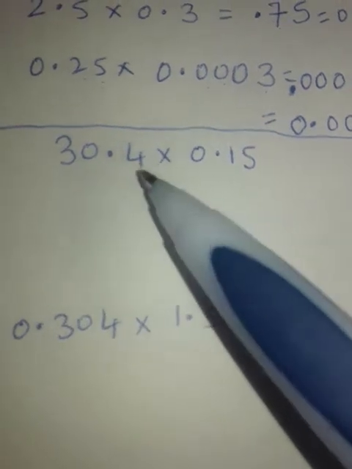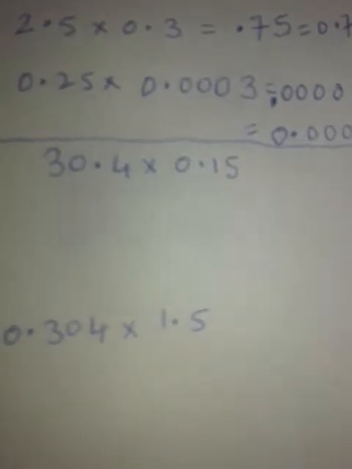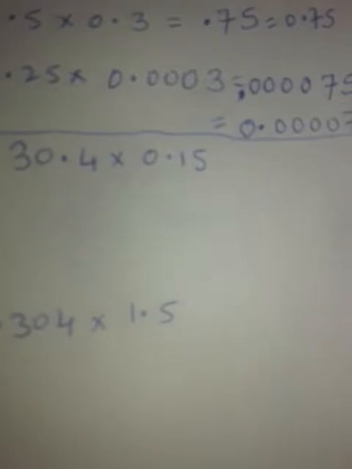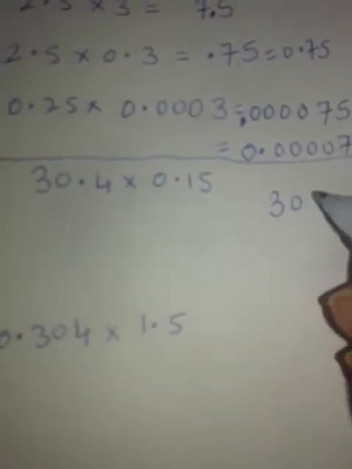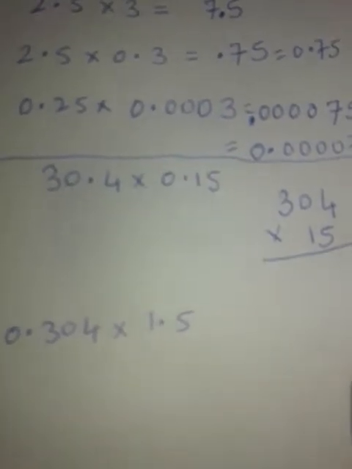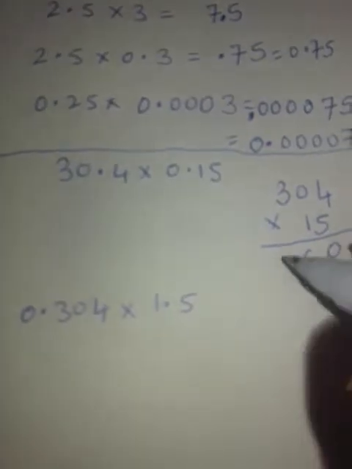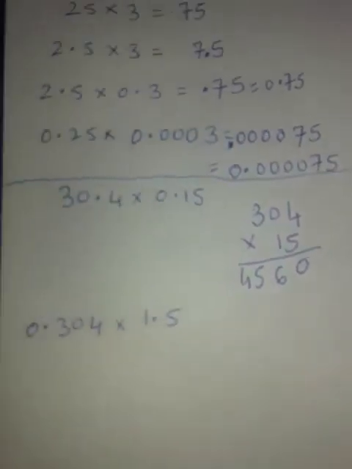One more example, 30.4 multiplied by 0.15. So what is our method? Forget the decimal point and first carry out the multiplication. So first we will find the product of 304 and 15. Let's find this product. The product is 4560.